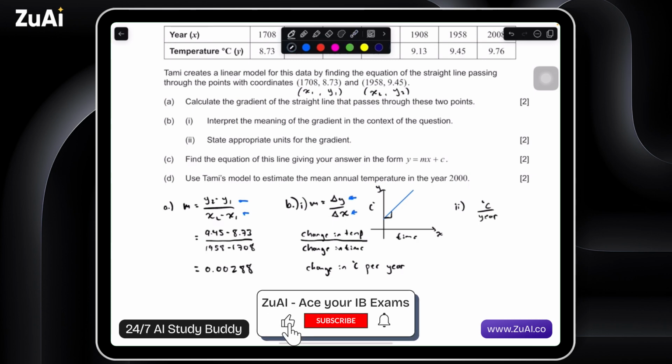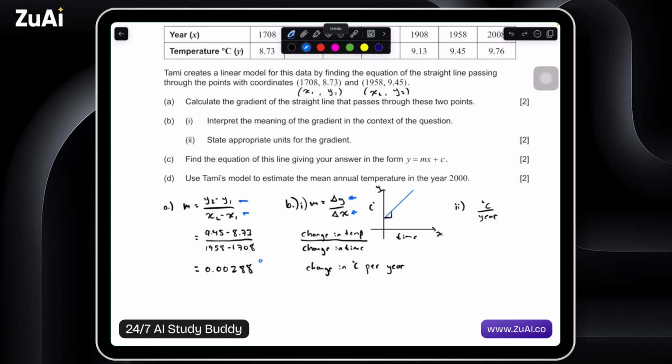So if we have 0.00288, what we actually have is 0.00288 degrees Celsius per year. And that's what this slope, this gradient, means. We know that we change by just a small fraction of a degree every single year, according to our model.